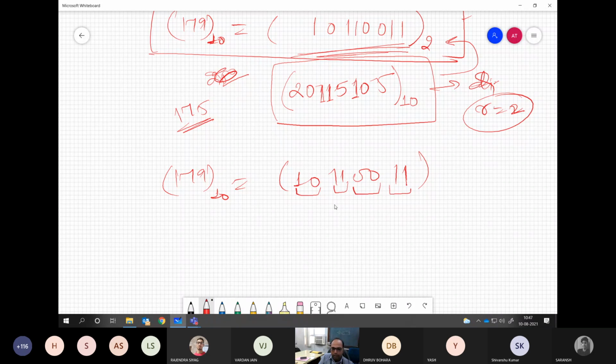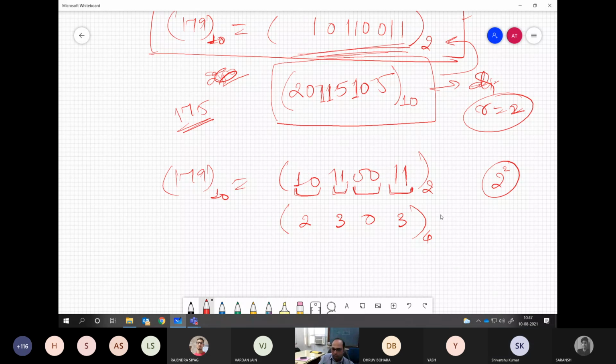Now instead of 8 places, we will need only 4. Let's say we write the exact value these 2 bits contain. So this will be 2, then 3, 0, 3, at base 4, because this is 2 raised to the power 2. Getting my point? Yes, sir.